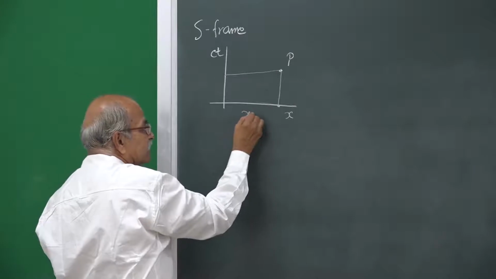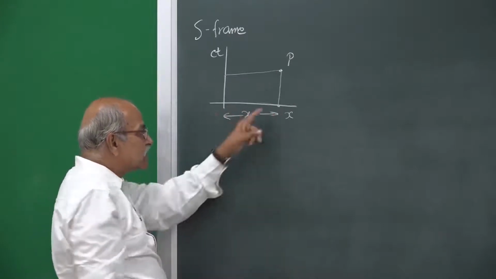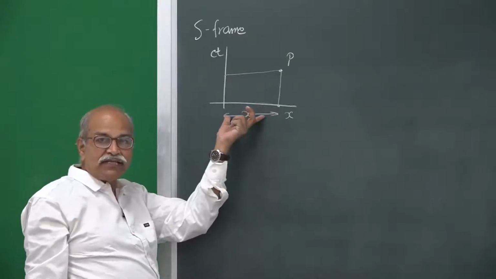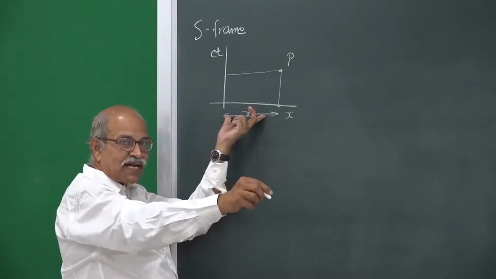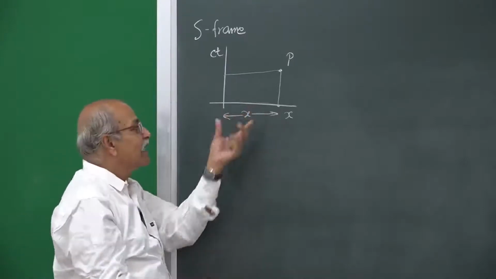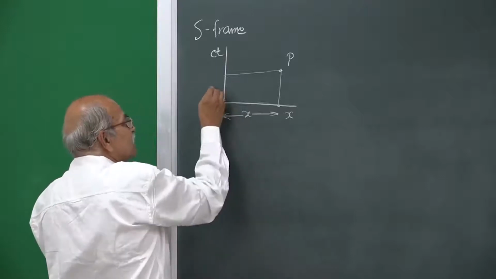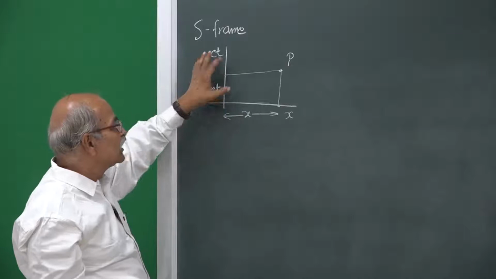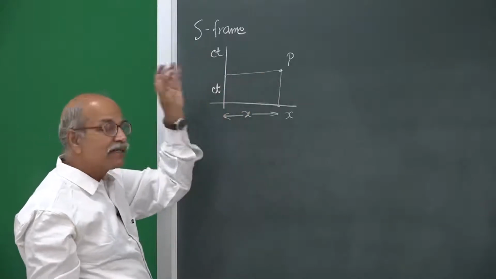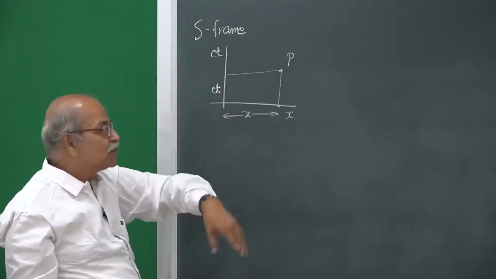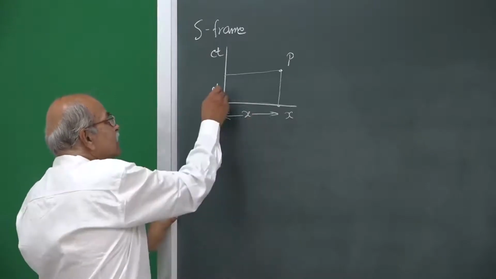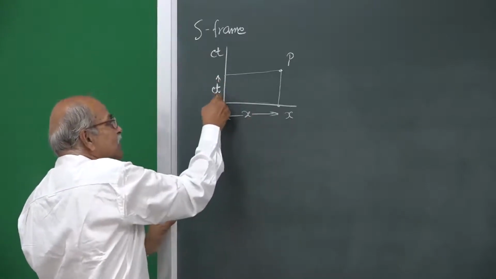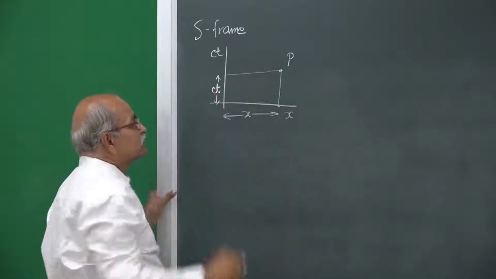This is x. Once you get the x, you know at this point of the x axis the event has occurred. And when did it occur? This is CT, so you know the event occurred at that particular instant. So, you know the location and you know the time. The event is described in S frame by this point P.